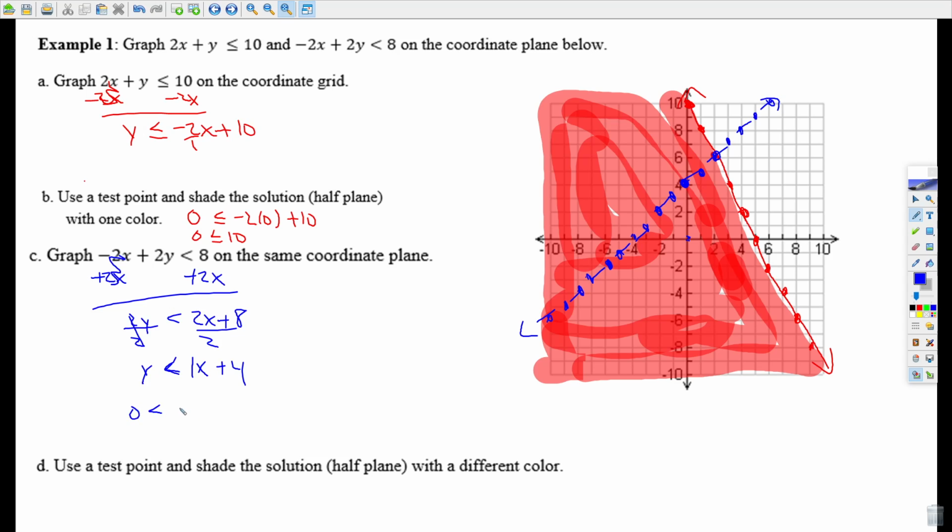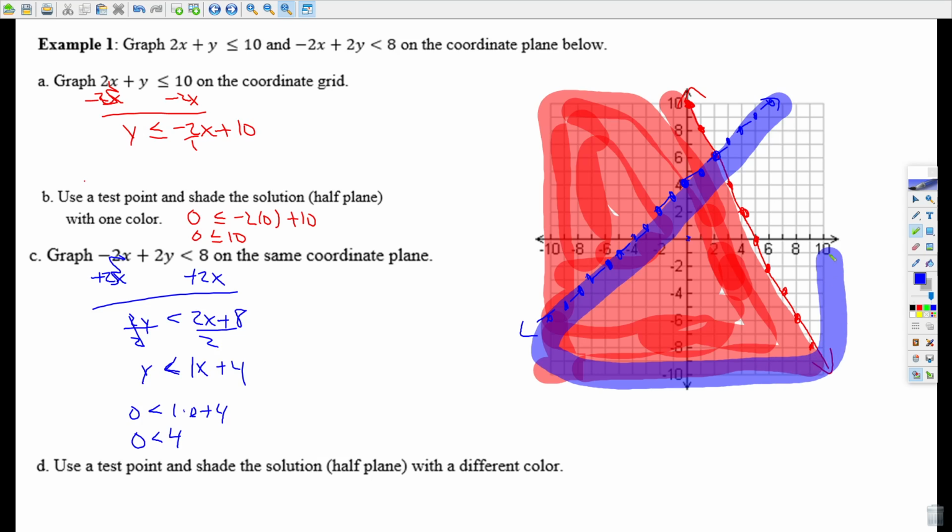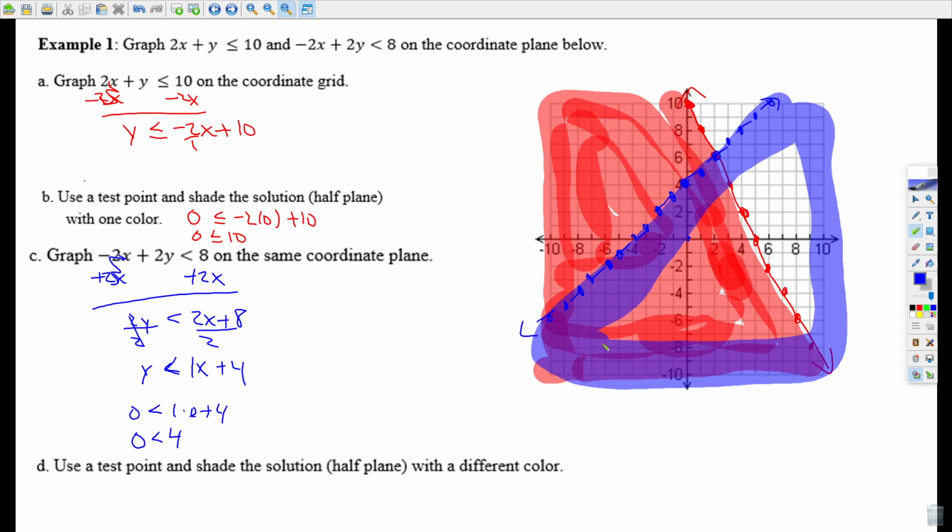Is 0 less than 1 times 0 plus 4? Is 0 less than 4? Yes, it is. So we're going to shade everywhere down below. So I'm going to change my highlighter, and we'll shade everywhere down below, as best we can. Yours will look much better than mine, I'm sure.